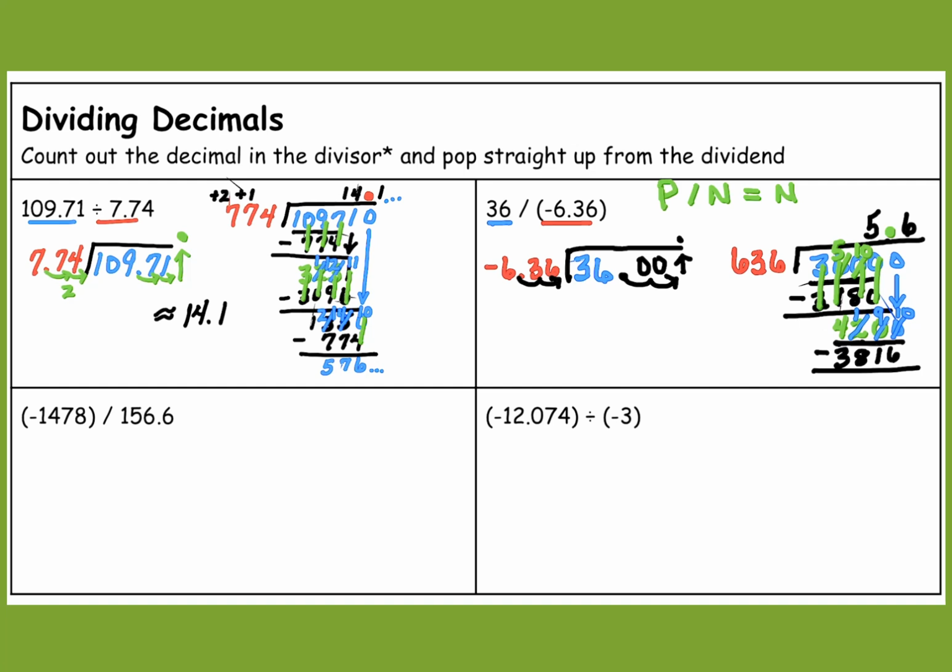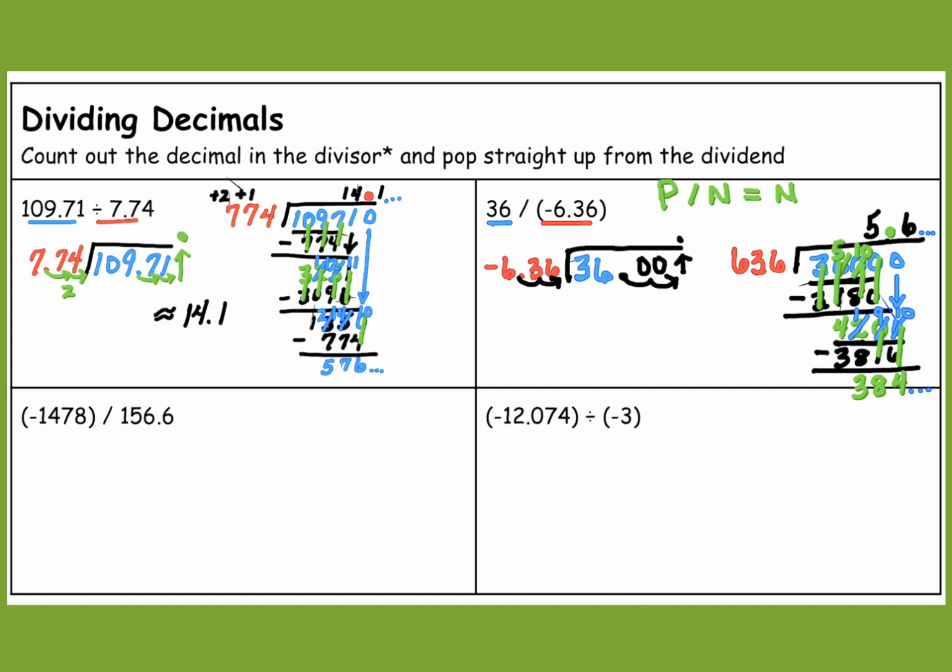From there, I can easily subtract. 10 minus 6 is 4. 9 minus 1 is 8, and 41 minus 38 is 3. Now we can continue this problem by adding more zeros, but we are going to stop here and look at our answer as approximately 5 6/10.